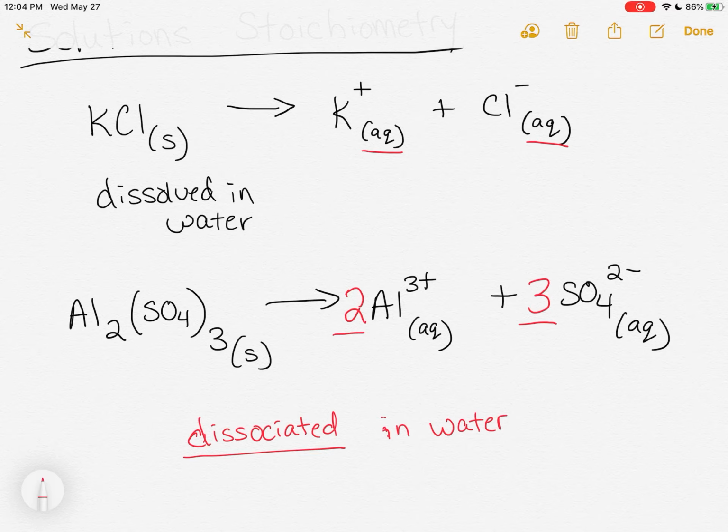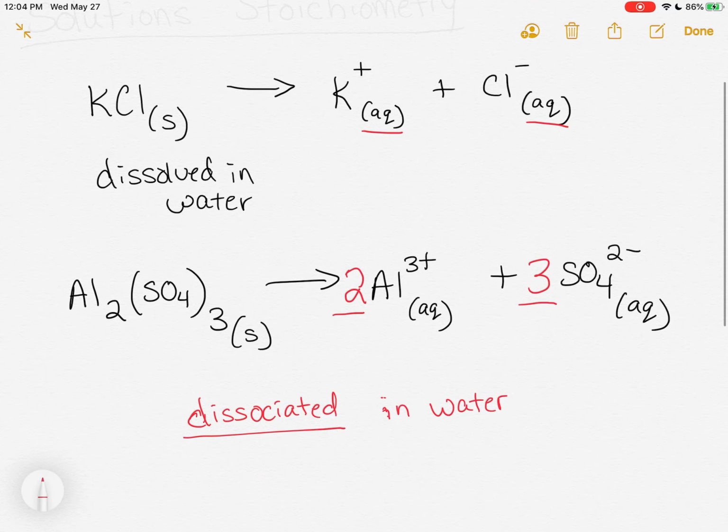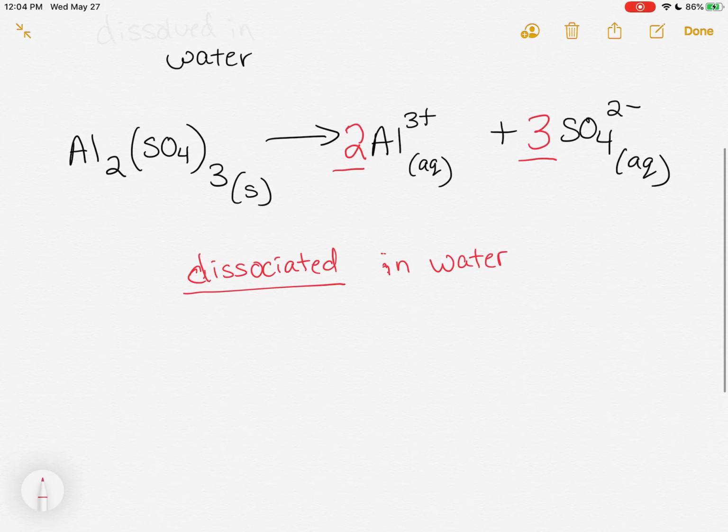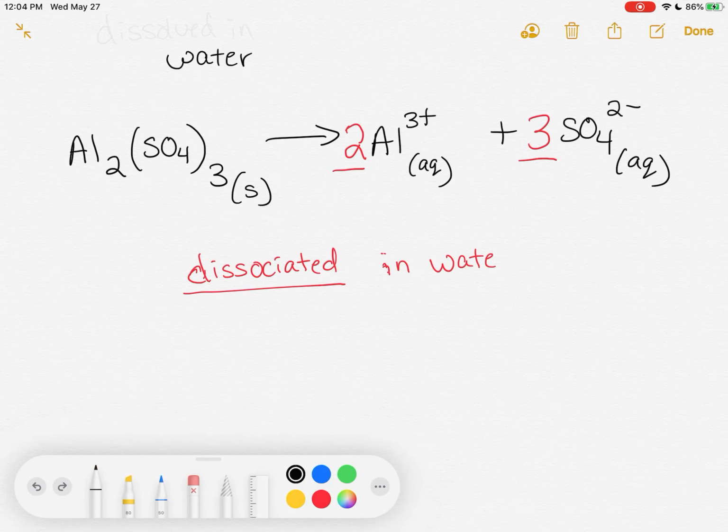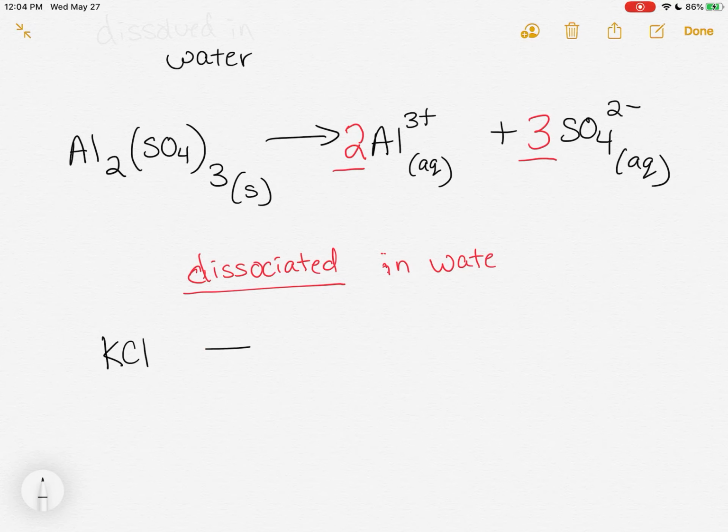Okay, so if we go back to the potassium chloride, we're going to do an example with potassium chloride, and we're going to start to use stoichiometry, but in solutions. Remember, our potassium chloride solid turned into a potassium ion that was aqueous and a chloride ion that was aqueous.